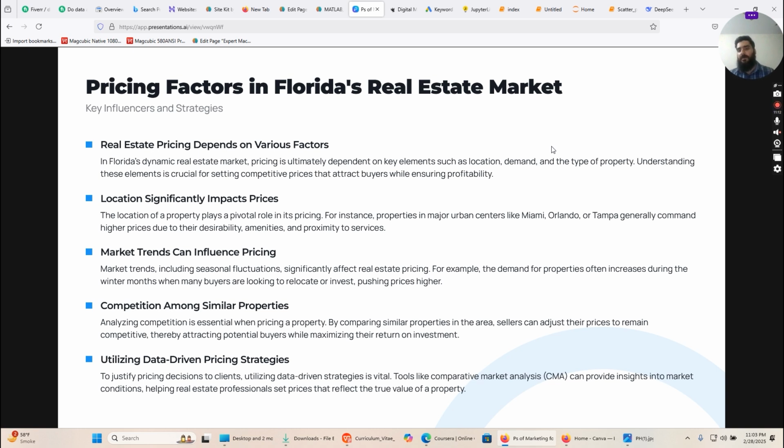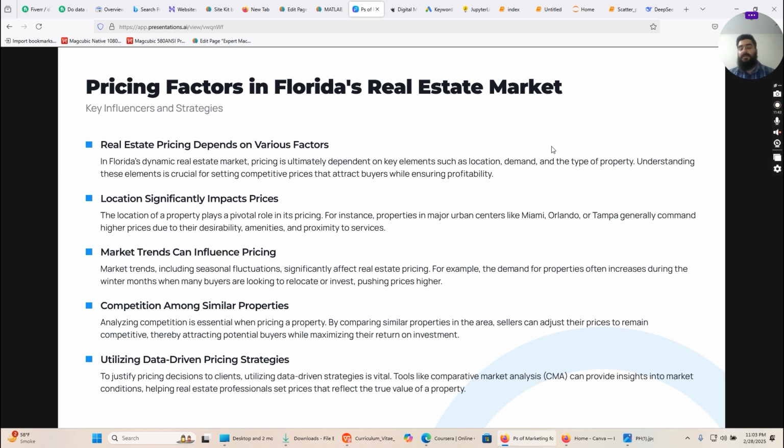For example, the demand for properties often increases during the winter months when many buyers are looking to relocate or invest, pushing prices higher. So in the winter months, people are looking to go towards an area that is warmer and not quite cold. These kinds of seasonal fluctuations, or even fluctuations in the stock market, might greatly affect the real estate sector as well.